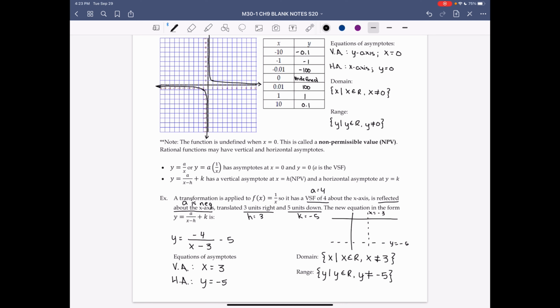So instead of having the part up here that's in quadrant 1, that's going to be reflected down into quadrant 4. And this part that was in quadrant 3 is going to be reflected up into quadrant 2. And then it shifted down and over to the vertical and horizontal asymptotes. So it'll look something like this. There's a quick sketch of our function.